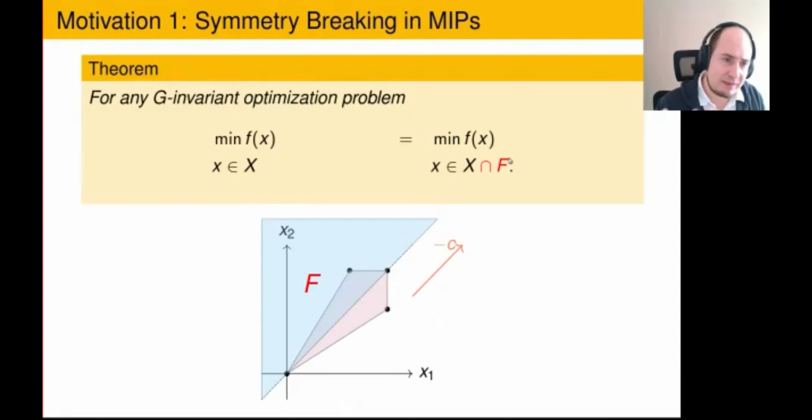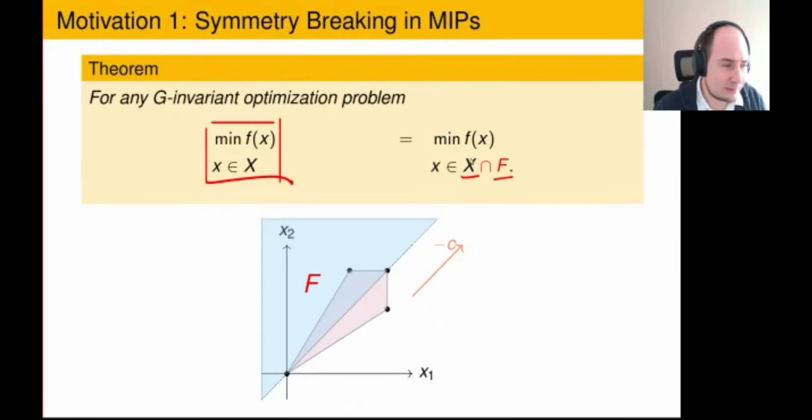As I said, I want to talk a little bit about the motivations for studying these fundamental domains. The first motivation is breaking symmetries, for example, in MIPs. When you have an optimization problem, let's say this one that is G-invariant, and you have a fundamental domain for this group, then instead of optimizing over X, you can optimize over X intersected with the fundamental domain.